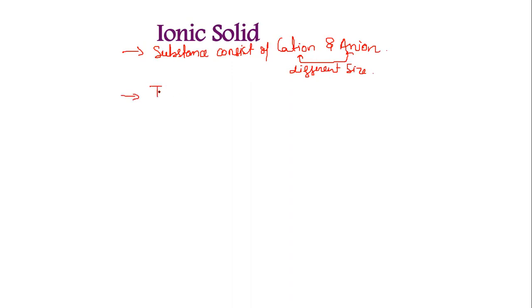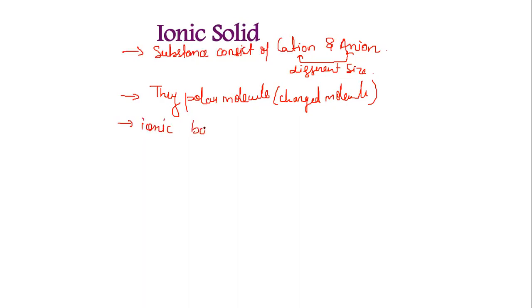They are polar molecules, or you can say they are charged molecules, and the bond here is an ionic bond. The ionic bond is a strong bond. Therefore, they are hard, but they are also brittle.